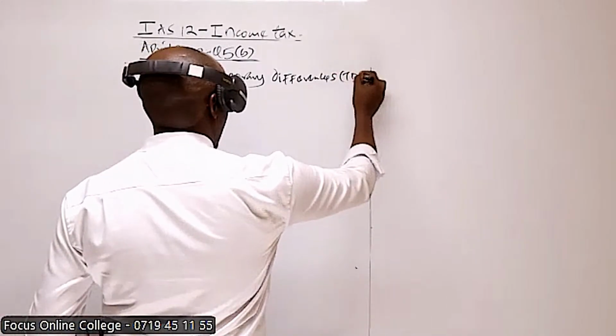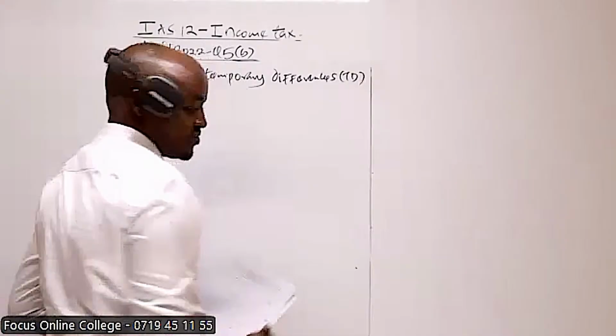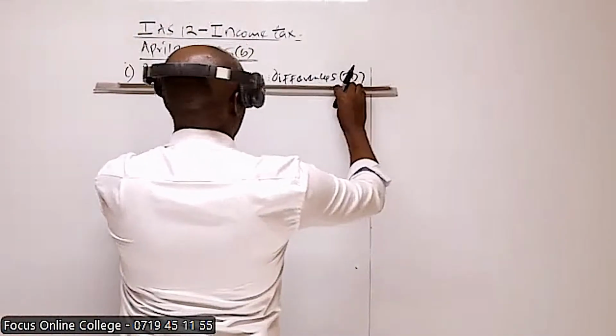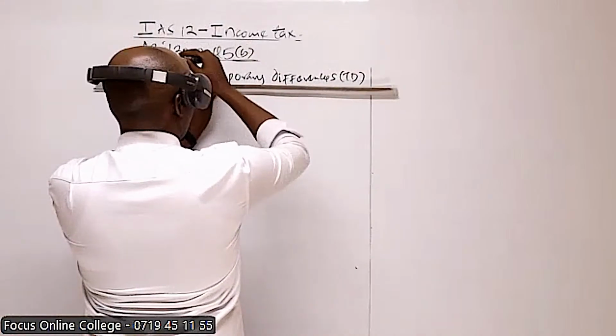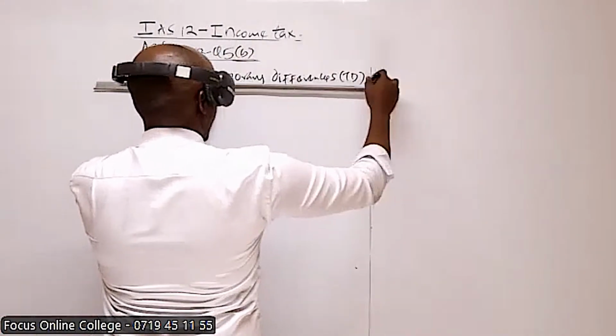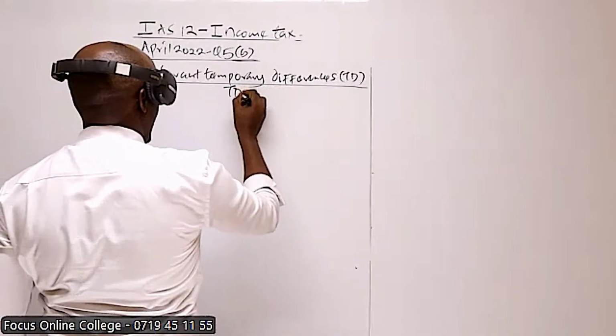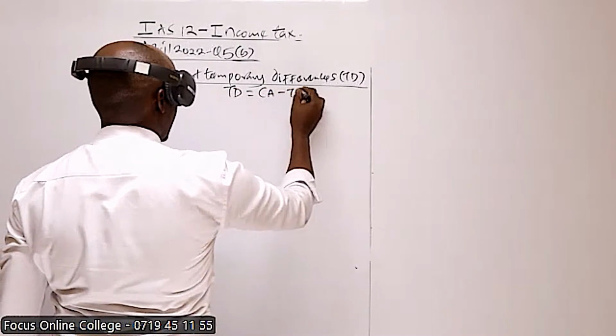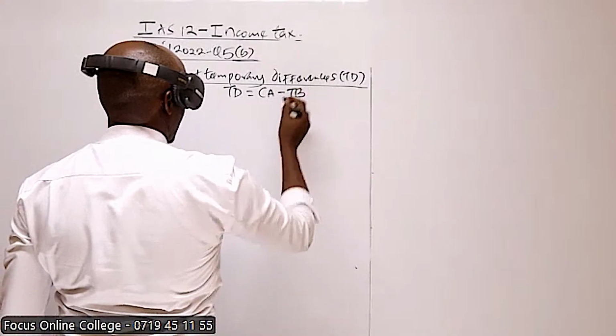What is just important here for us to remember is how we compute the temporary difference. To compute the TD, we just take the carrying amount minus the tax base.